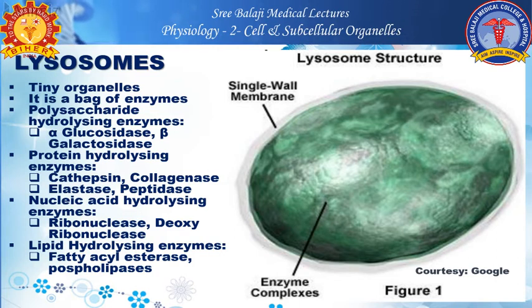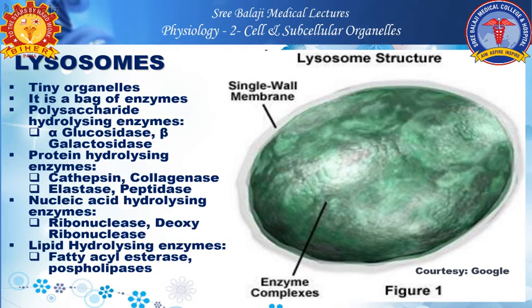Nucleic acid hydrolyzing enzymes like ribonuclease and deoxyribonuclease are also present in the lysosomes. By what enzymes are lipids hydrolyzed? Fatty acid esterases and phospholipases. So you get the function of lysosomes, which are again called suicidal bags, and they contain enzymes which will hydrolyze the macromolecules.